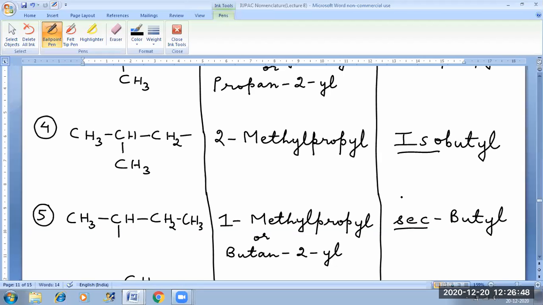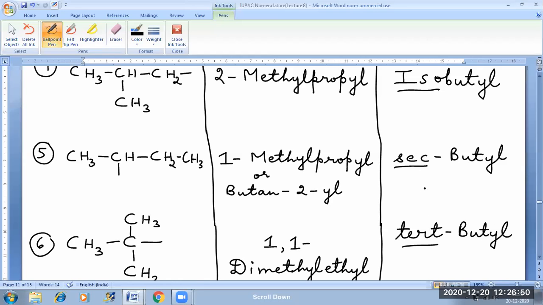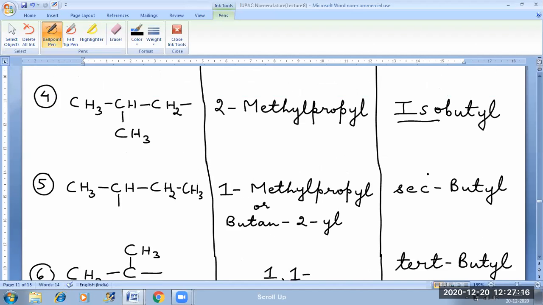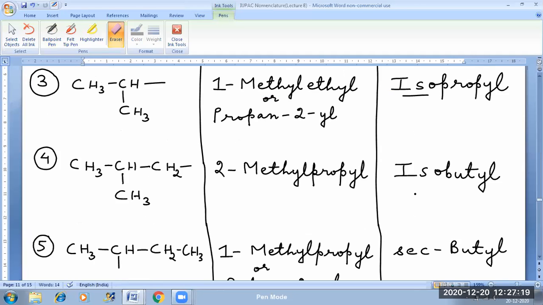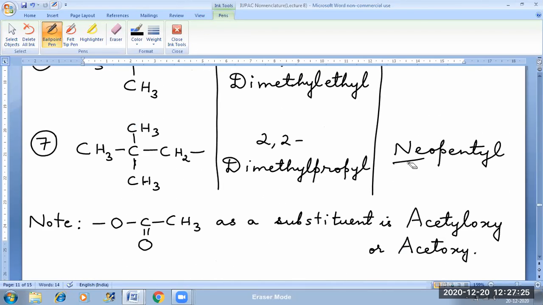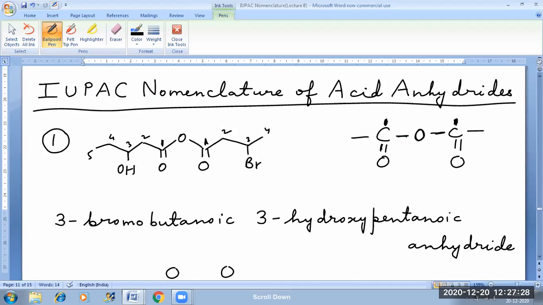But sec and tert, that is S of sec and T of tert, are not taken in deciding alphabetical order. So you will ignore those when deciding the alphabetical order. You just look at the remaining part. Iso and neo are considered, sec and tert are not considered.